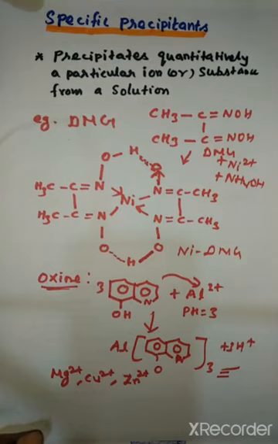So far in this class we have discussed what a precipitant is, the choices of precipitant, inorganic and organic precipitants, and the advantages and disadvantages of organic precipitants. Thank you.